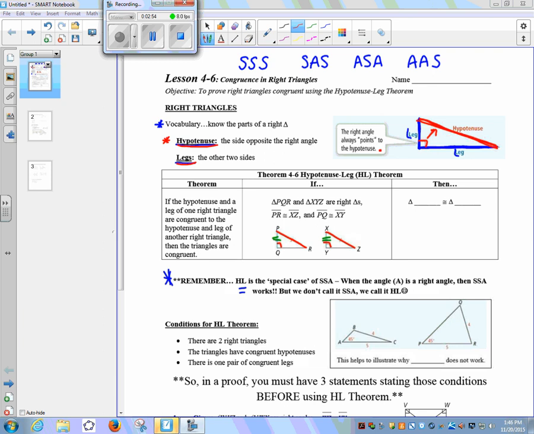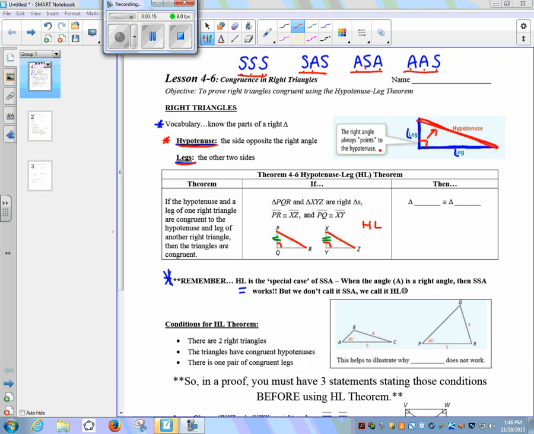With the postulates SSS, SAS, etc., we always needed three parts: three sides, two sides and an angle between them, two angles and a side between them, or two angles and a side not between them. But here we only need two parts to form our H and our L.